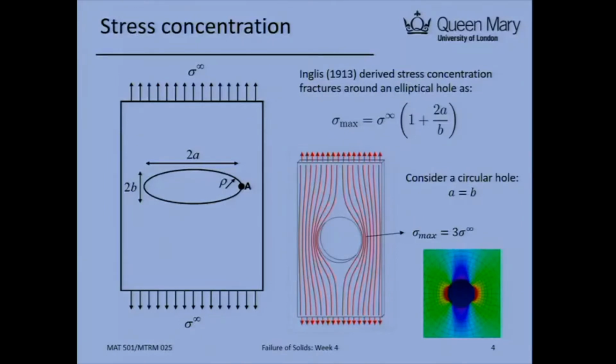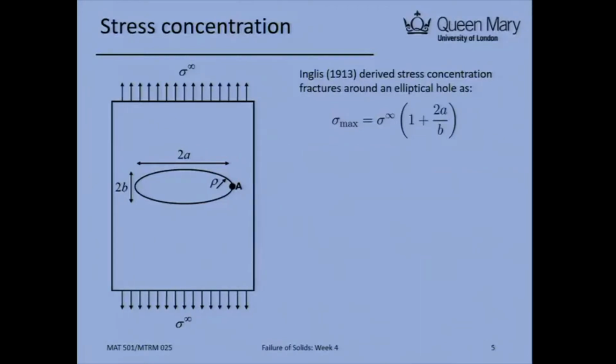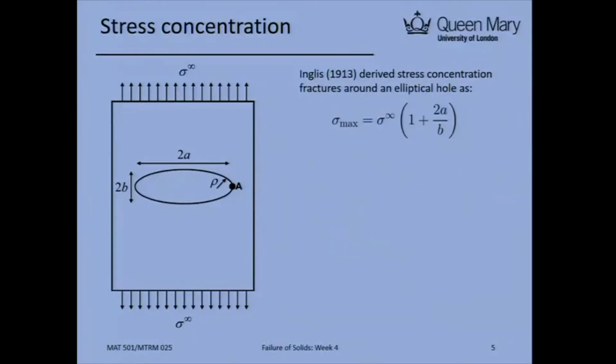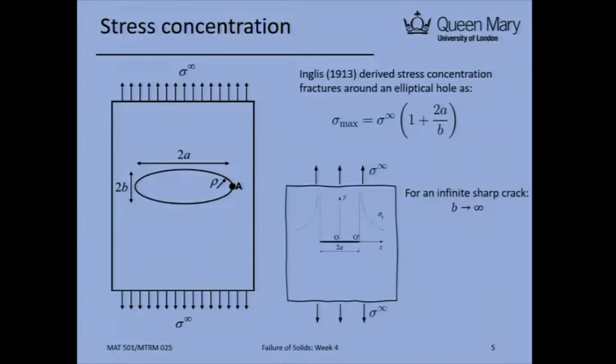Now, if you make this circular shape a bit more like an ellipse, what happens? For this ellipse, it gives a more general equation like that. But now, if I really narrow down this hole from 2B and just make it a line, a very sharp crack tip, which looks like that, the volunteer has done that as well.